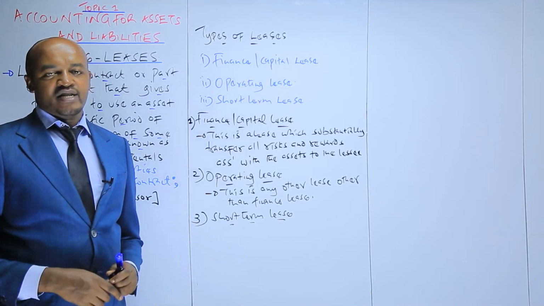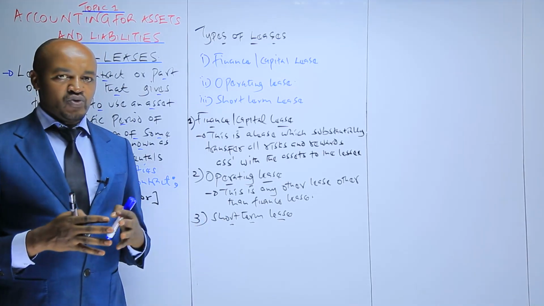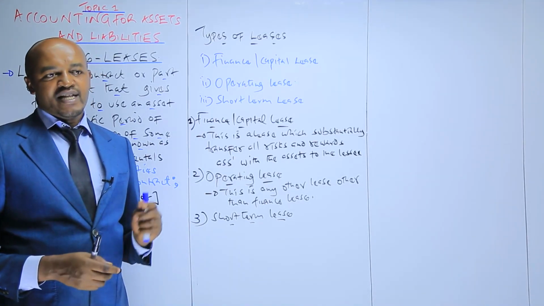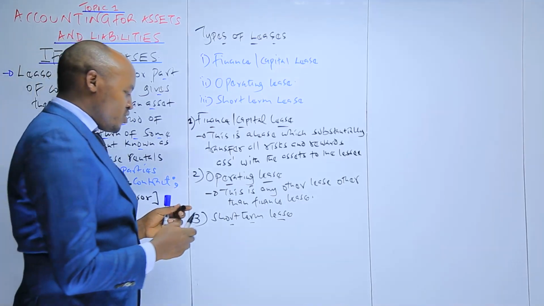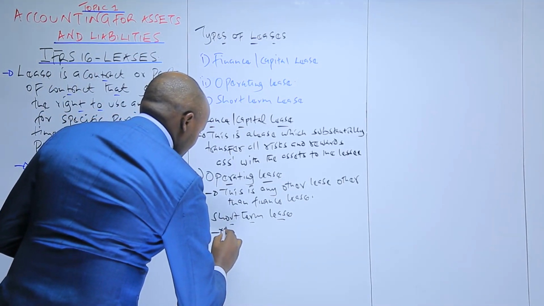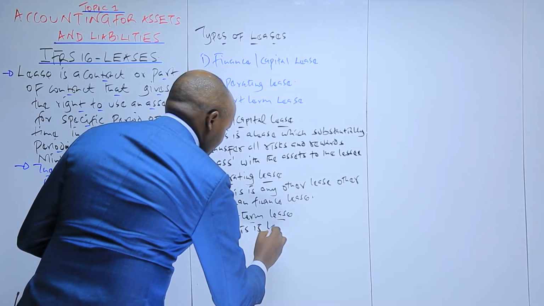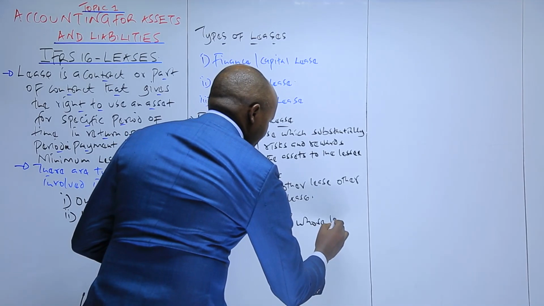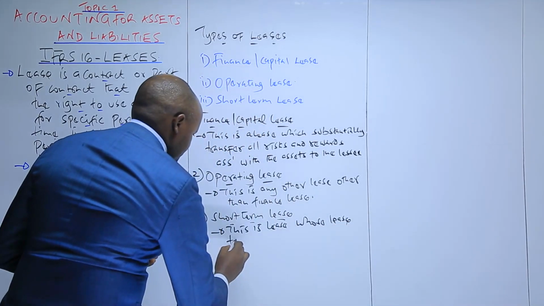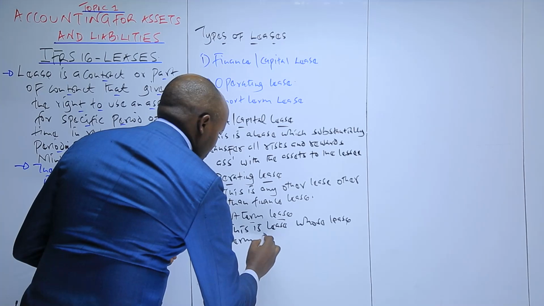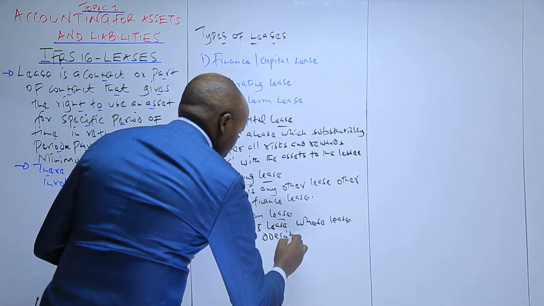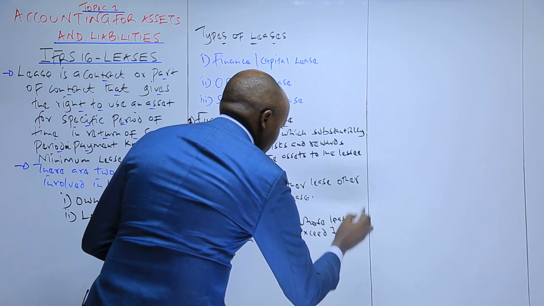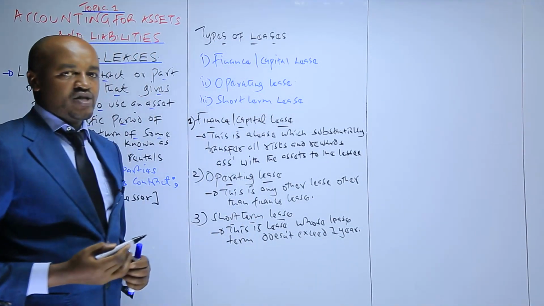So if you lease an asset from the owner and the agreement is that you should use that asset for a period of time which does not exceed 1 year or 12 months, then we refer to that as a short-term lease. So this is a lease whose lease term does not exceed 1 year.